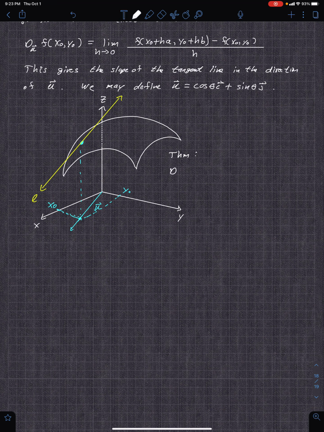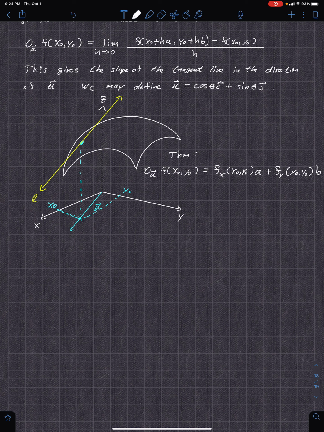That says the directional derivative of f at x naught, y naught in the direction of u is equal to partial f with respect to x evaluated at x naught, y naught, times a, plus partial of f with respect to y of x naught, y naught times b.